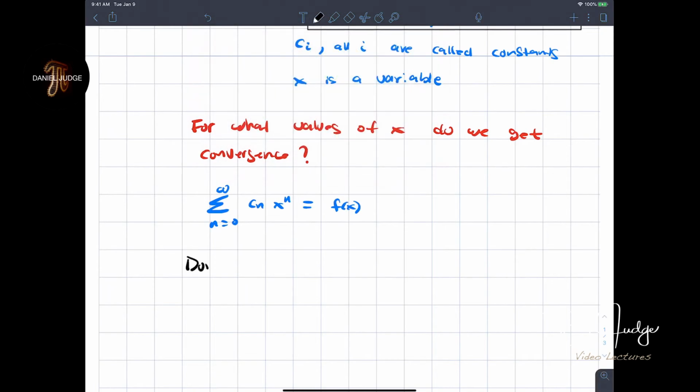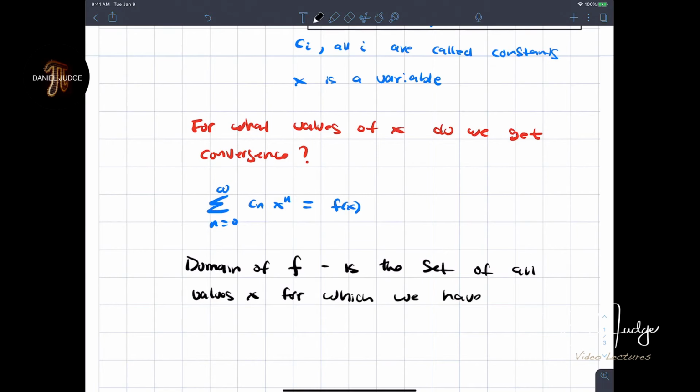The domain of the function is the set of all values x for which we have convergence.